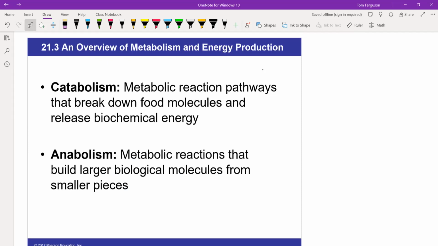So this is breaking down, and this is building. And those two are commonly found together. For example, there's something called gluconeogenesis. What that means is you're creating new glucose molecules.